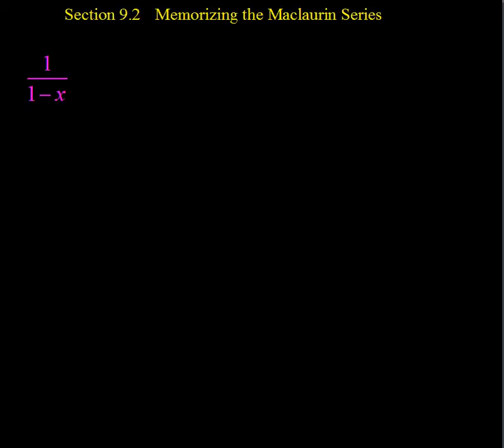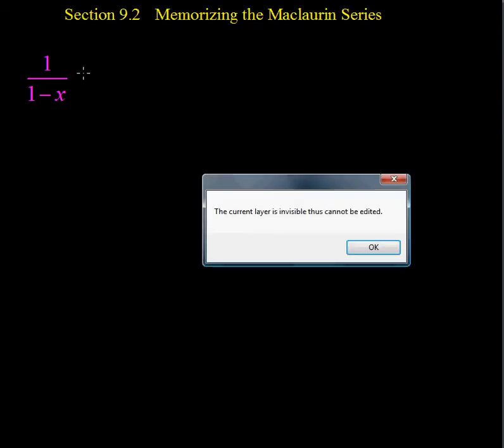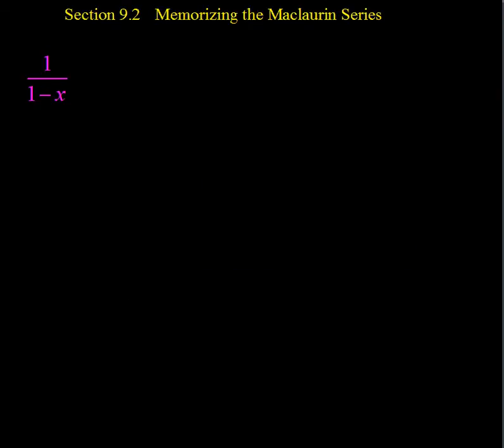That's 1 over 1 minus x. And the key to that is just remember that that is simply a geometric series where the ratio is equal to x. And so this is 1 plus x plus x squared plus x cubed, and so on.